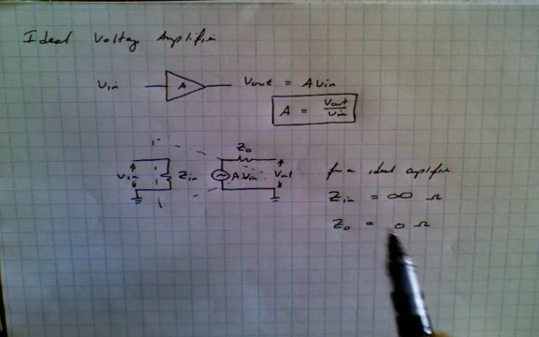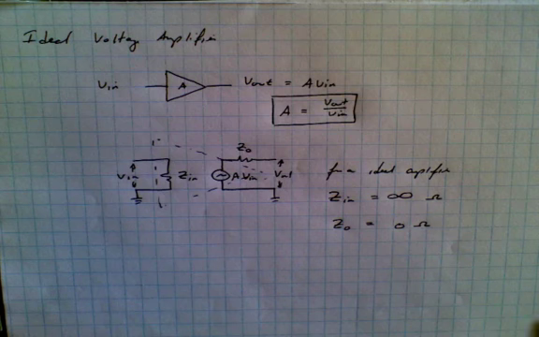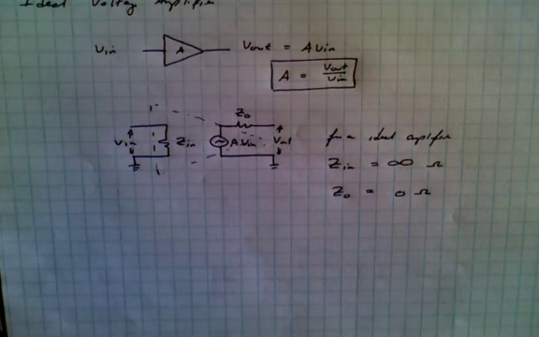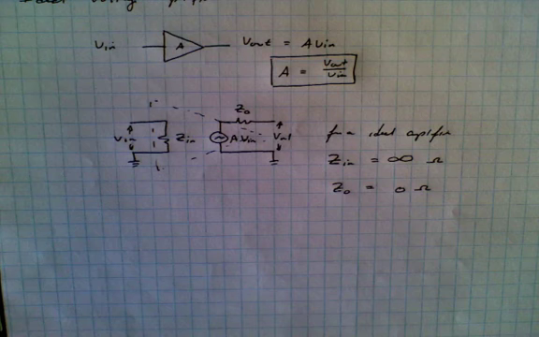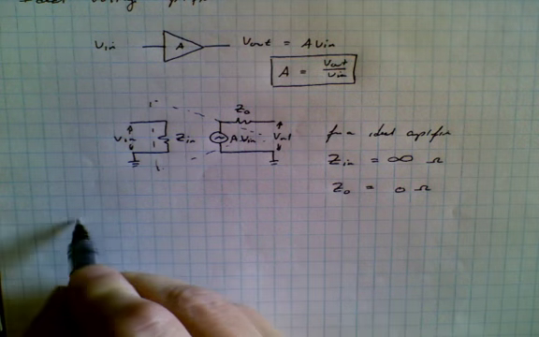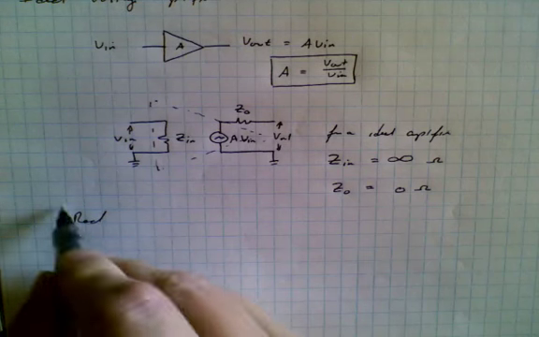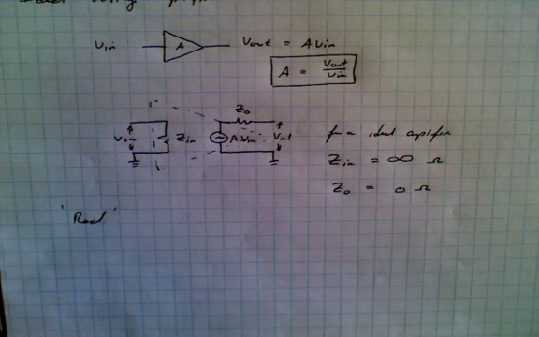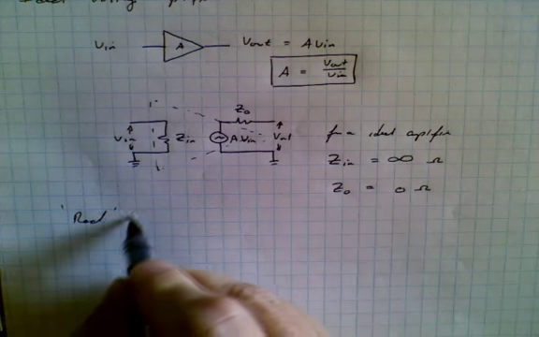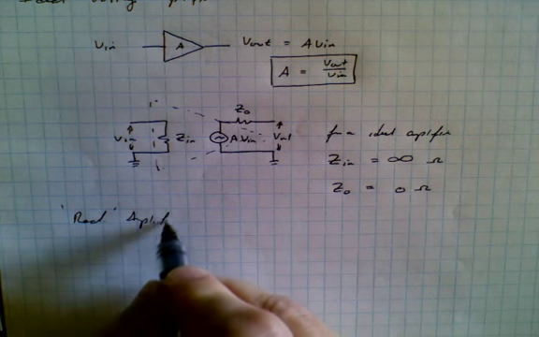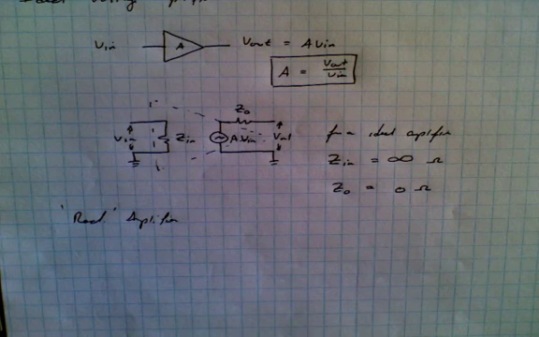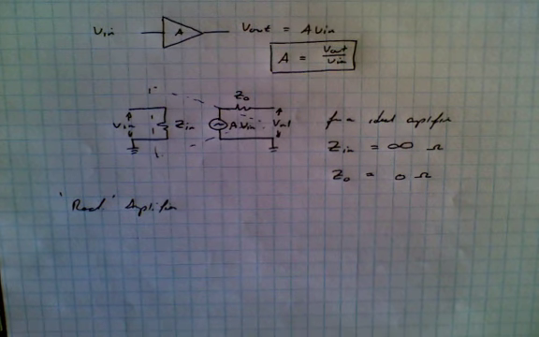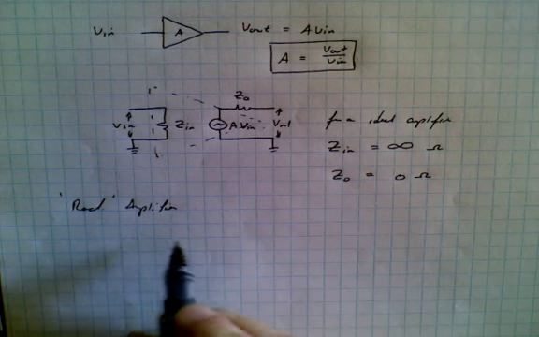Now, in a real amplifier, of course, this is not the case. So let's redraw this now as a real amplifier. And we'll just put real in sort of semi-quotation here, because a real amplifier has many, many more components than these, but we'll just keep it really, really simple.